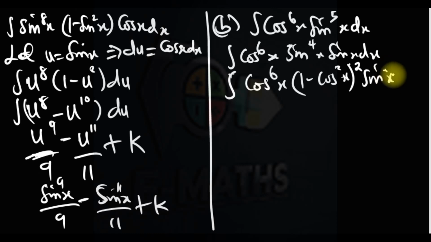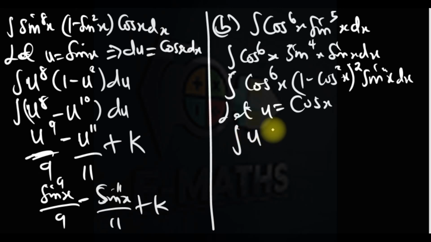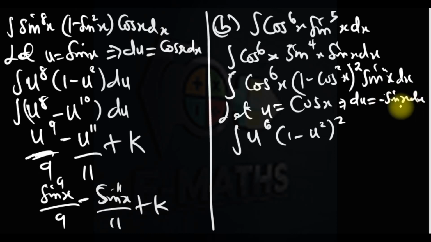Sine x dx. So if you now let u equal cos x, you now have integral of u raised to power 6 times 1 minus u raised to power 2, all squared. Here the u is that. If you differentiate with respect to x, we now have minus sine x dx.